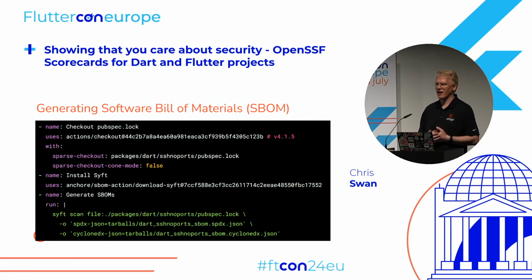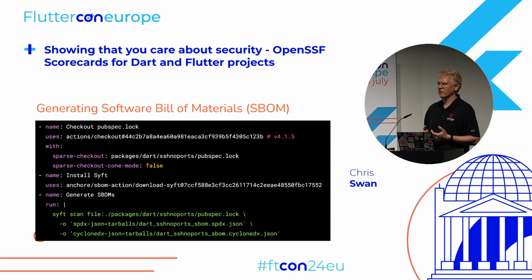There are standardized formats for this, which can be used by security tools. The OpenSSF has a tool called Guac, and it will ingest a software bill of materials and a vulnerability feed, and say, okay, we know that these vulnerabilities are going to be found in this thing.